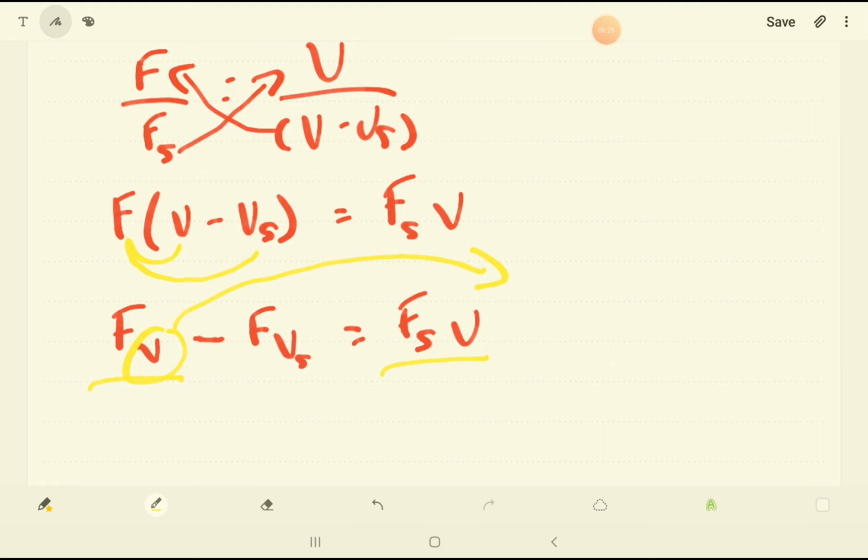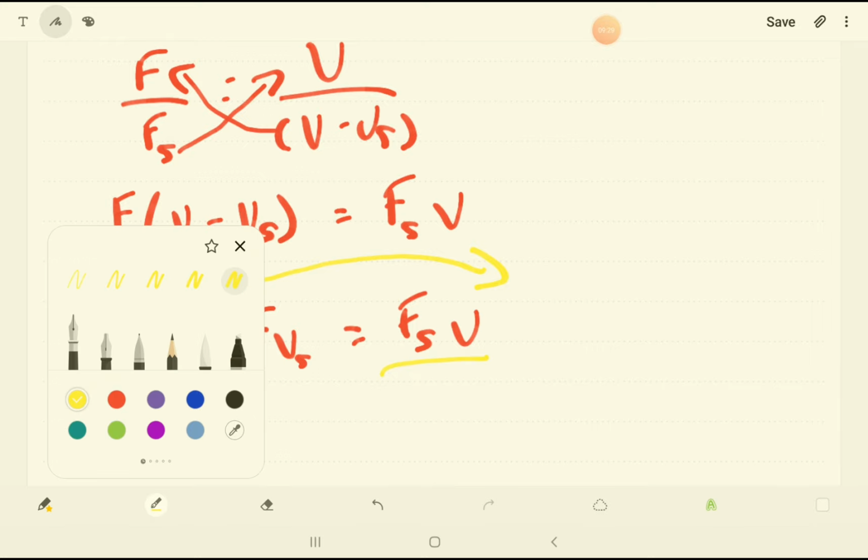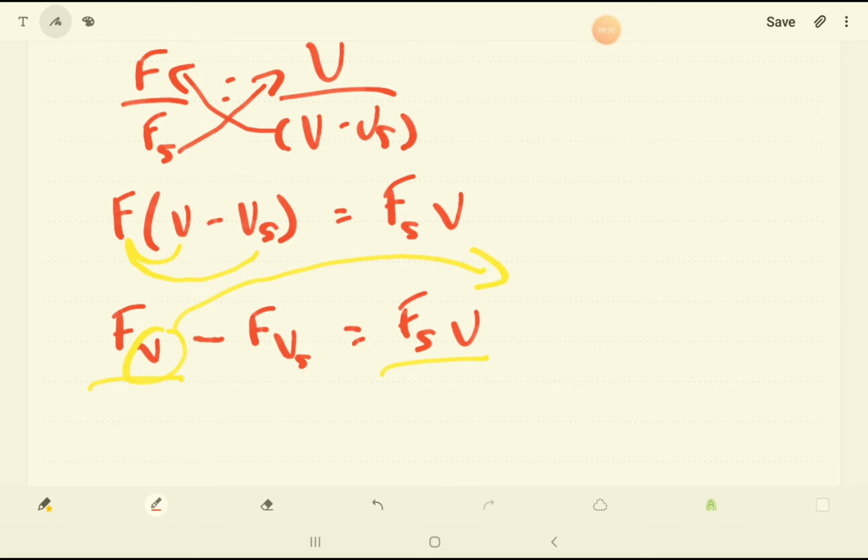And when I do that, I end up getting this formula: minus FVs equals FsV minus FV.